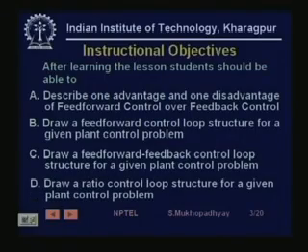We will see how to draw such loops, and finally we will take a look at a particular kind of control problem which is very common in various thermal and chemical processes. It is called ratio control, which is very similar to this feed forward configuration. So, these are our instructional objectives.